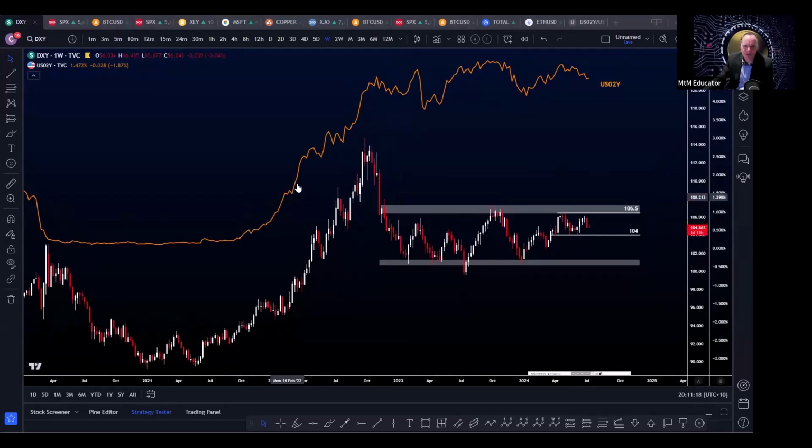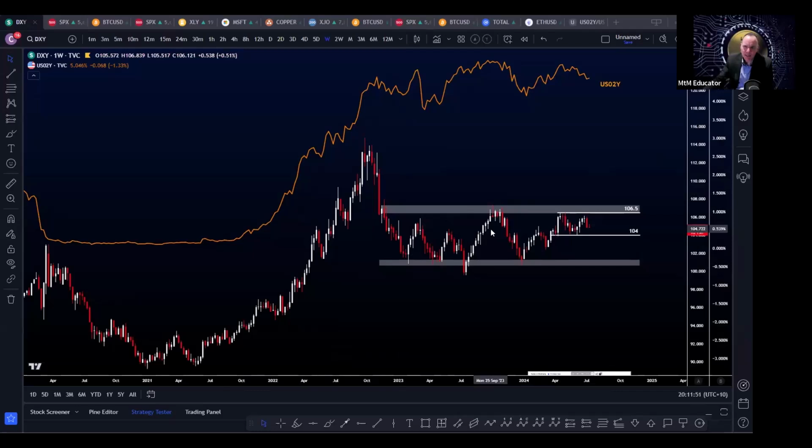So as interest rates go up, you see the US dollar strengthen against the other currencies. As you start seeing it plateau and other countries starting to catch up and putting their rates up, you started to see the US dollar stabilize. But it's only come down a fraction of what it's gone up. So it's still sitting in this range, and it's been sitting in this range for the last 18 months, between 101 and 106.